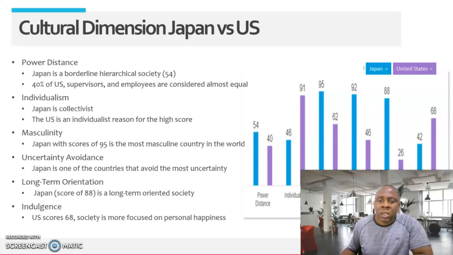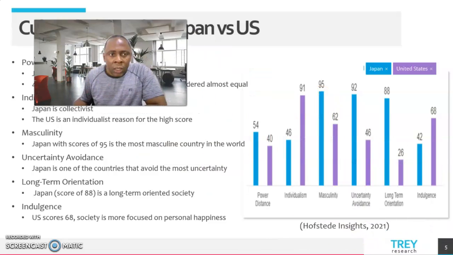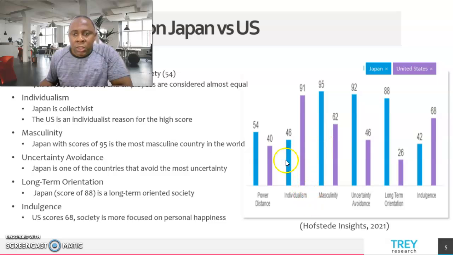US with 40 is a little bit flatter and shows that in between the supervisor and employees, the structure are considered almost equal. For the individualism, which is the second, the fundamental issue addressed by this dimension is the degree of interdependence society maintains among its members.